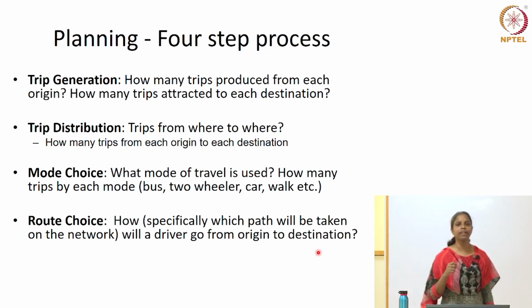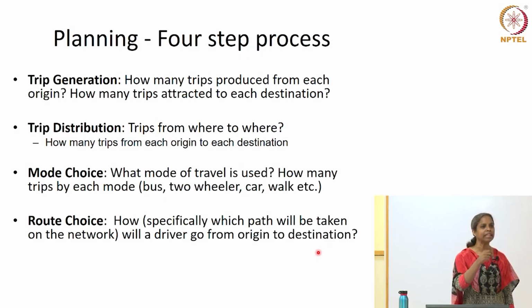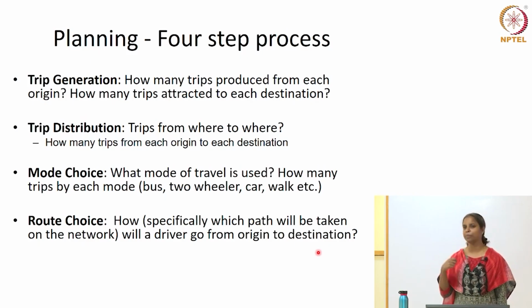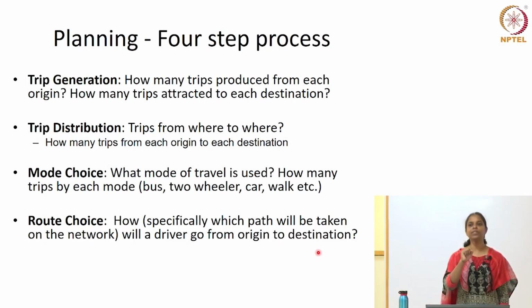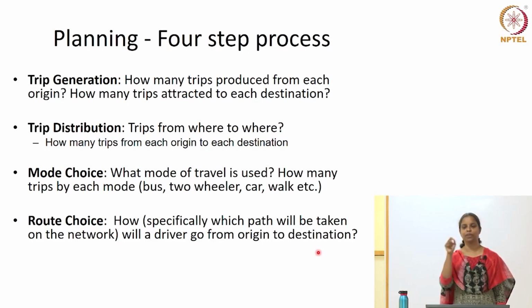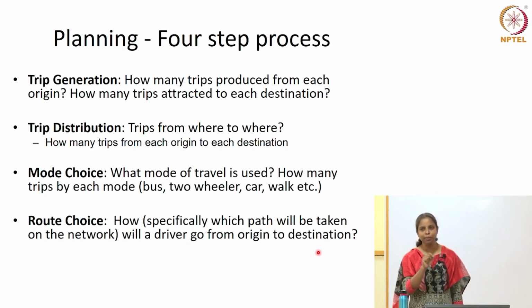Then you are looking at how many of those trips are done in different modes: two-wheelers, how many cars, how many public transport. And the last part is which route each of these trips happen. So at the end of this 4th stage, you know from each zone to each zone how many trips happen by each mode through which route.